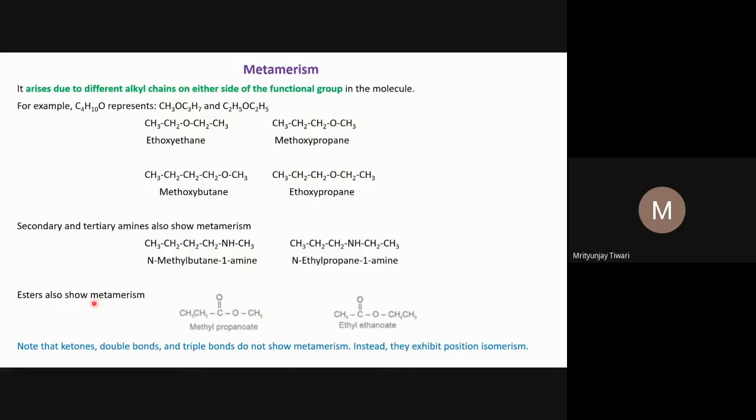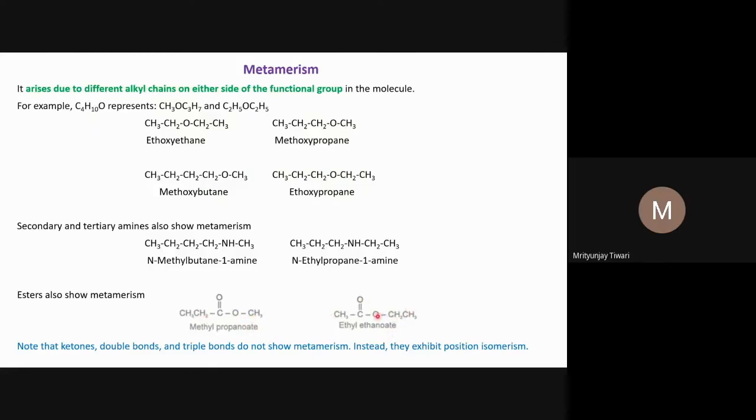Similarly, esters also show metamerism, and these two examples are of esters which are metamers. In this compound, the CH3 group is attached to this O, and this is CH3CH2. Another example is CH3COOCH2CH3. What I have done is bring this CH2 group from this side and put it here.